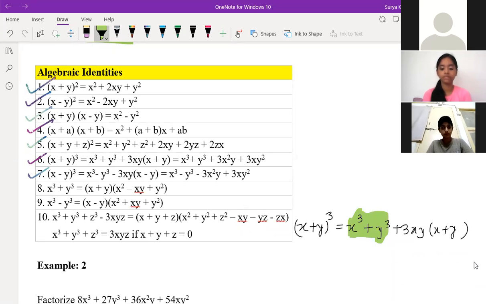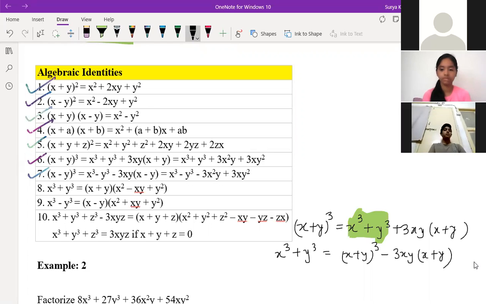So now you can tell me how to remember this formula. Till now also not clear, because if I ask you the formula, you will tell in this way: x plus y whole cube minus 3xy into (x plus y). Correct, children?